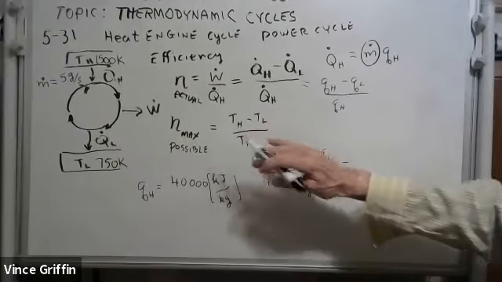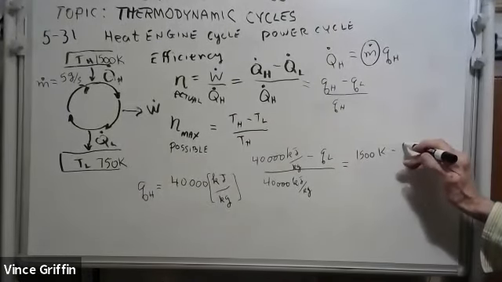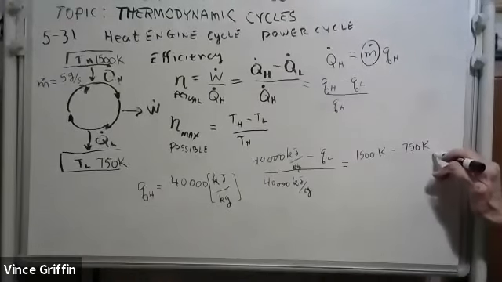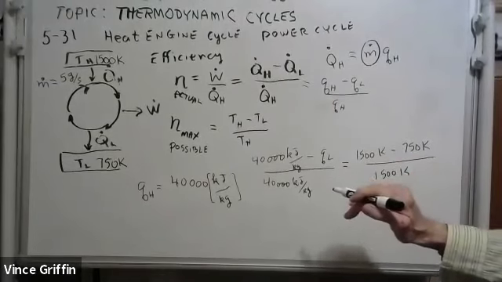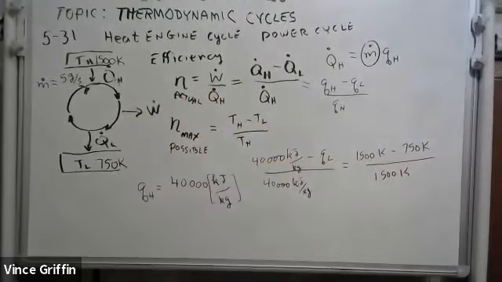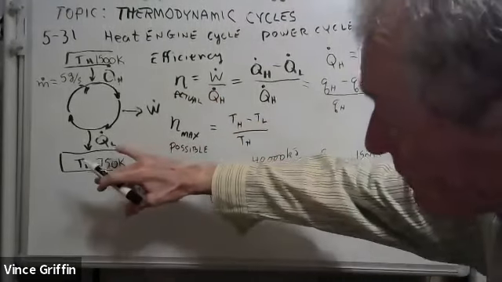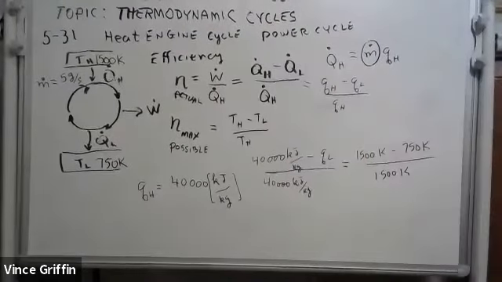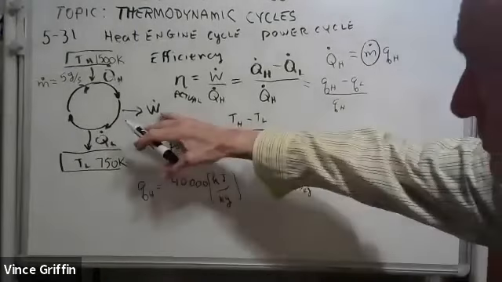This is 1,500 K minus 750 K, all over 1,500 K. You see what I did? I set the actual efficiency equal to the maximum possible efficiency. And we're going to get this heat transfer per mass to the lower temperature. And from that, we might get lucky and be able to find the thing we want.